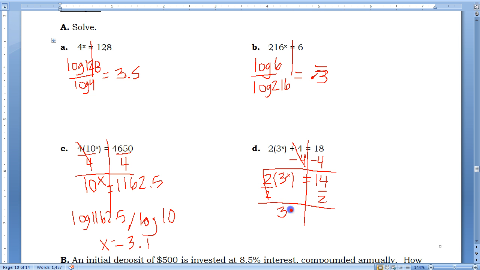And that leaves 3 to the power of x equals 7. My final step is the log, and I will do log of 7 divided by log of 3. And that is x equals 1.77.